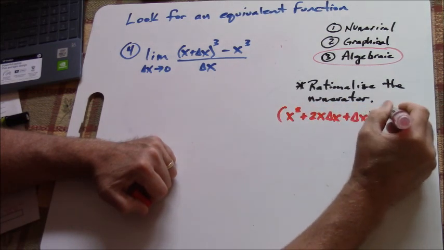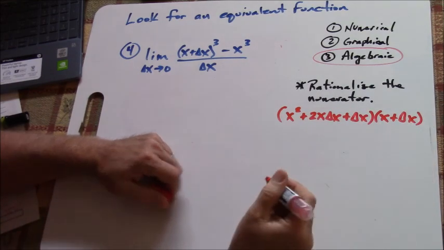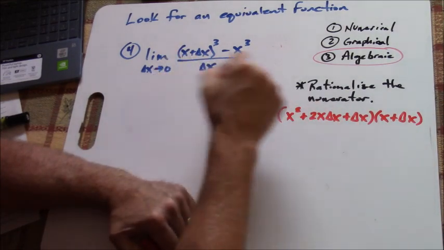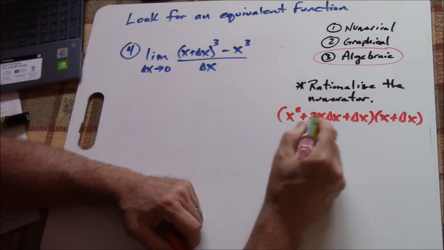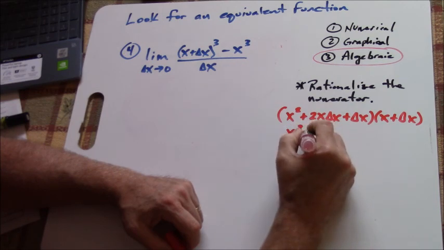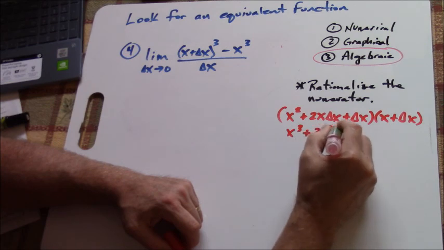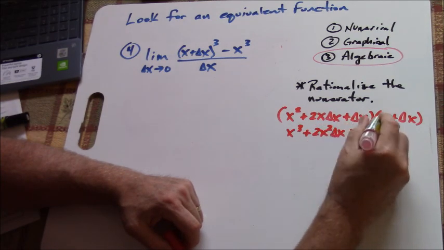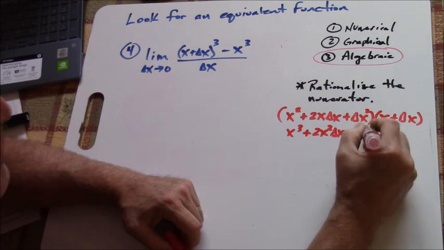And then you multiply it by another x plus delta x. I'm just doing this down here off to the side so I could just write the answer down once I get it. So I'm going to take x times all 3 of these. So I'm going to get x cubed plus 2x squared delta x plus x, oh this should be squared, plus x delta x squared.